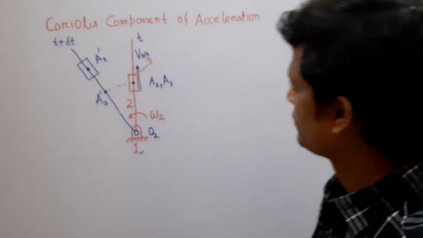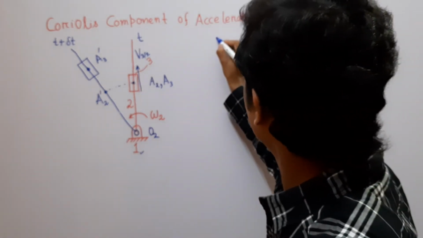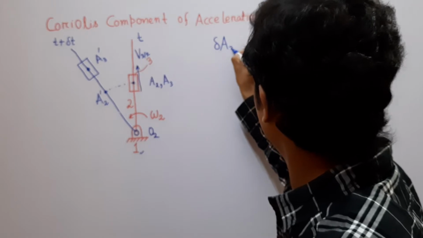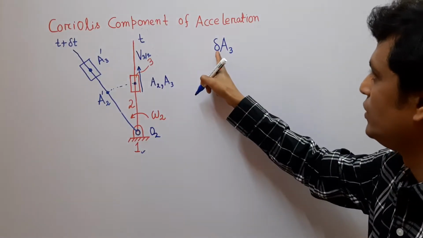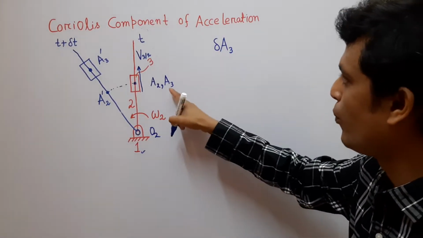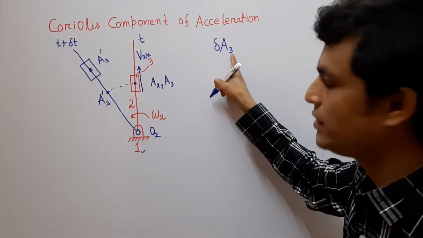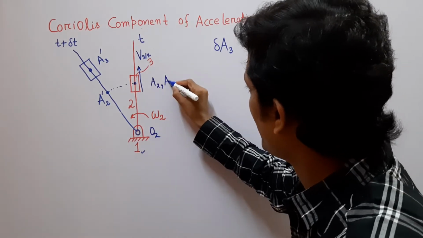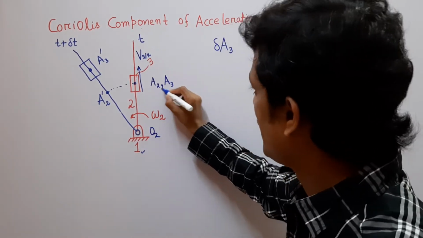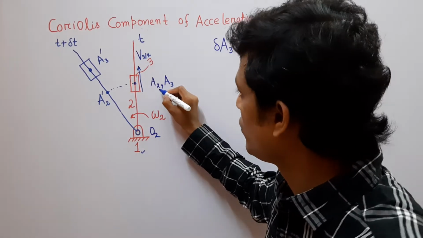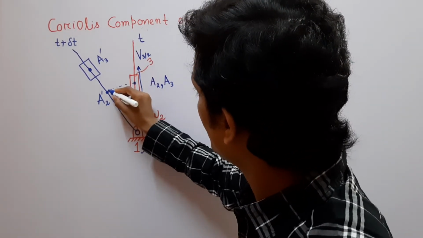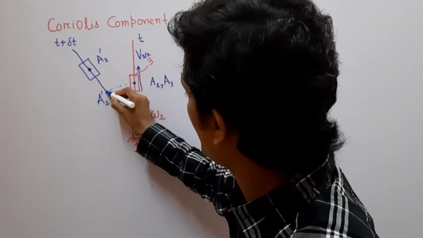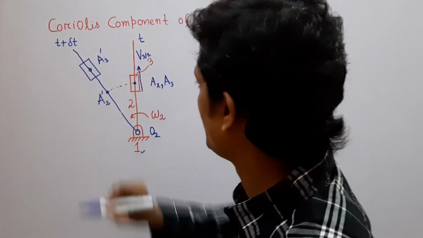Now what is the displacement of point A3? This is the displacement of point A3. A3 is point A here, which lies on link number 3, and A2 lies on link number 2, and after a time instant delta t, A2 comes to A2 prime and A3 comes to A3 prime.